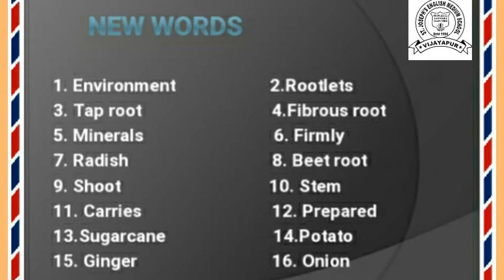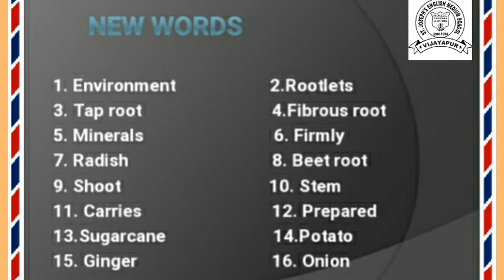Now the ninth one is shoot. So children, what does shoot mean? The part of a plant which is above the ground or soil level. Now the 10th one is the stem. Stem means it is the first part of the shoot system which arises from the ground level.